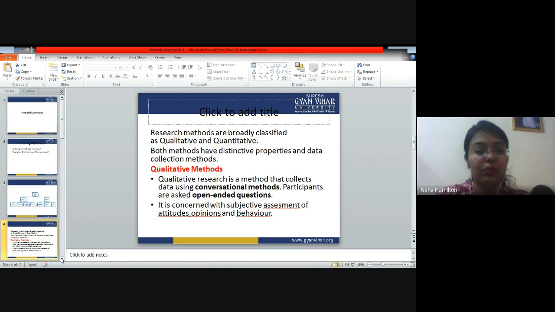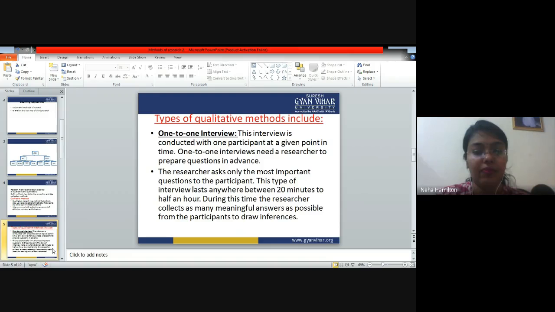Now let's move to the next slide. I hope it is visible. The types of qualitative methods. Now, once we have understood what is qualitative methods, there are certain factors that we cannot measure. If we cannot measure any factor, it is important to quantify it in some way, right?